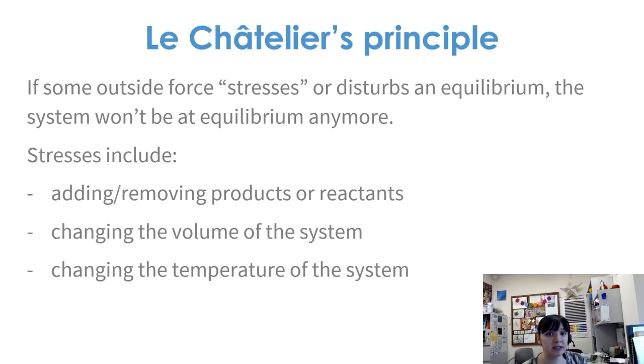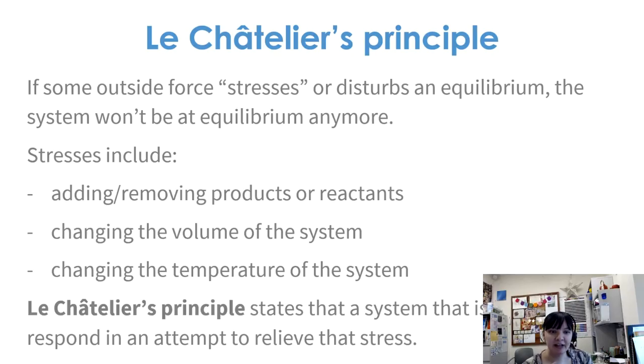These are all stresses that our reaction mixture may experience, and those stresses can disturb it enough to basically not be in equilibrium anymore. And so there's this idea that, if the system is no longer in equilibrium, then it's going to respond by either shifting left or shifting right, trying to make up for that disturbance, or trying to negate whatever stress happened to it.